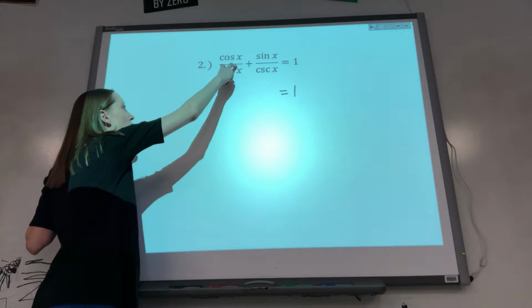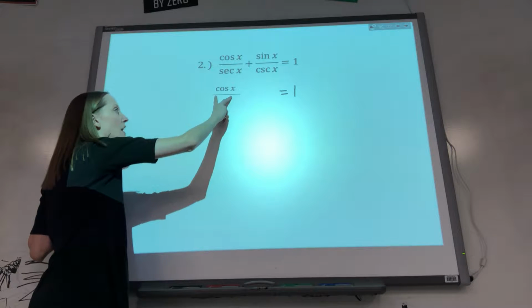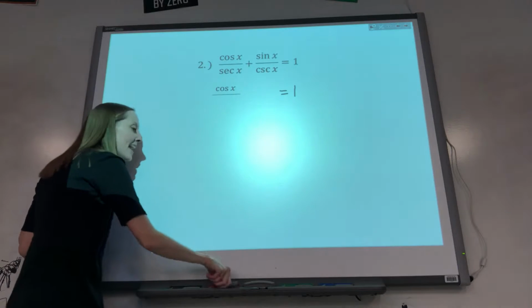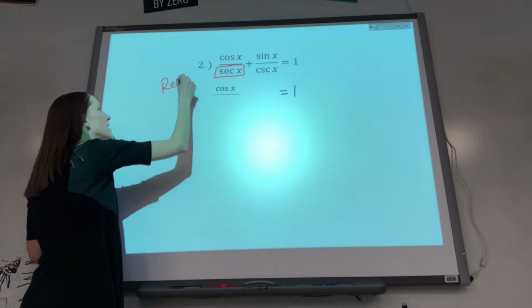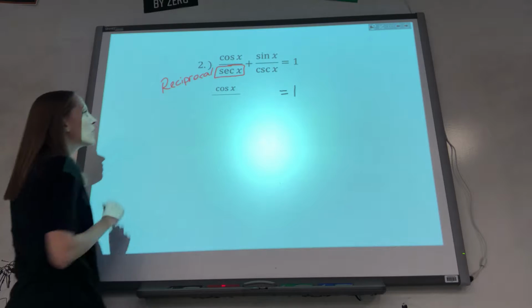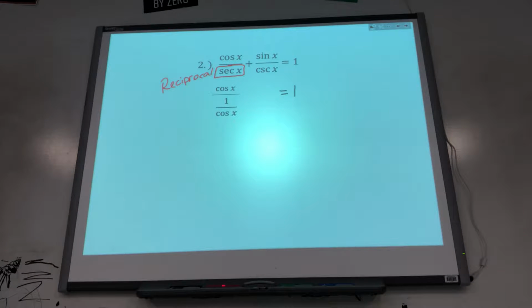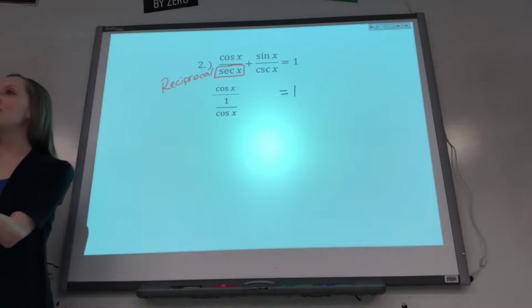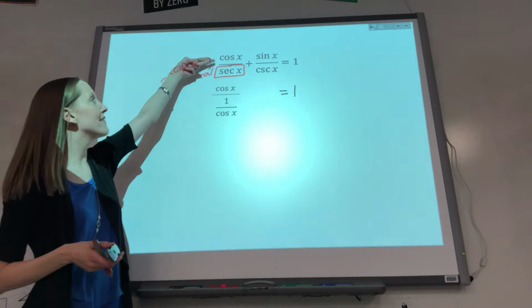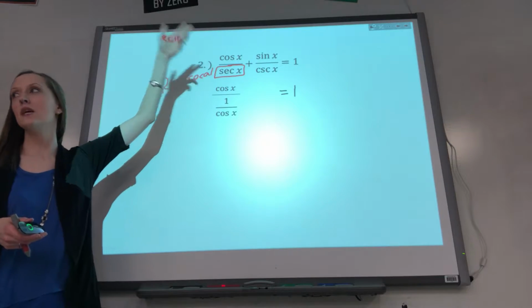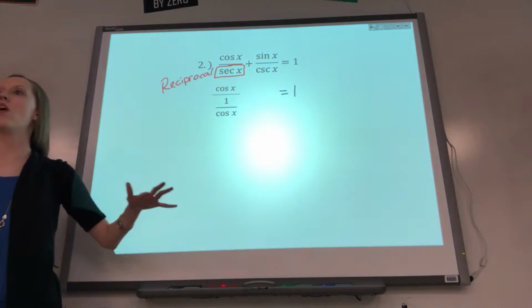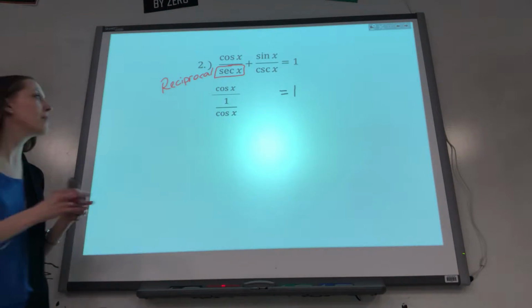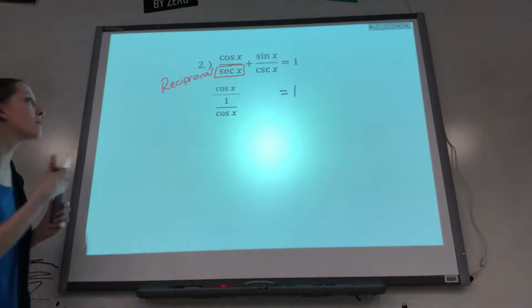I left cosine of x alone on top, and I changed secant of x using a reciprocal identity. I changed secant to be 1 over cosine. I didn't have to do it that way. I could have changed cosine to be 1 over secant and then left secant alone.